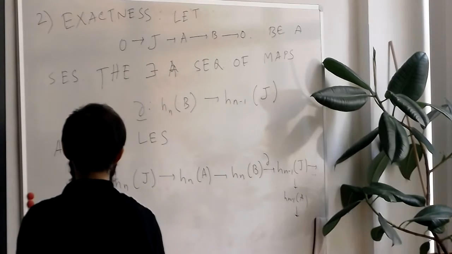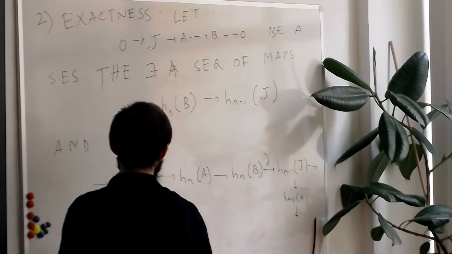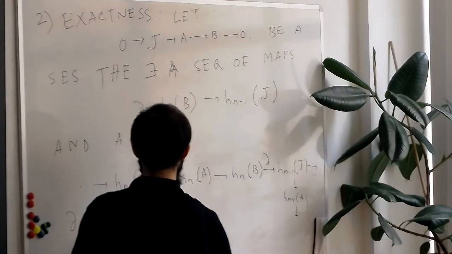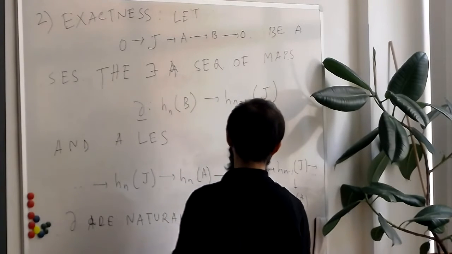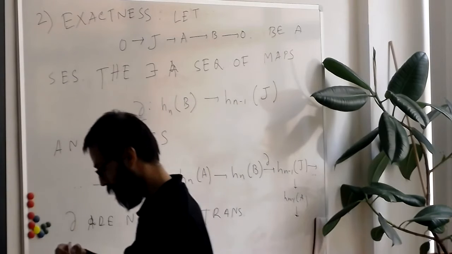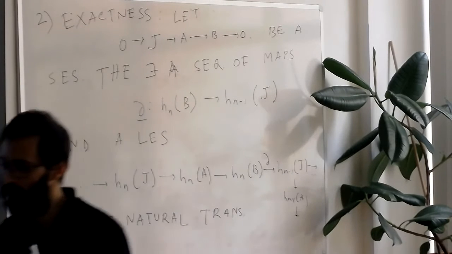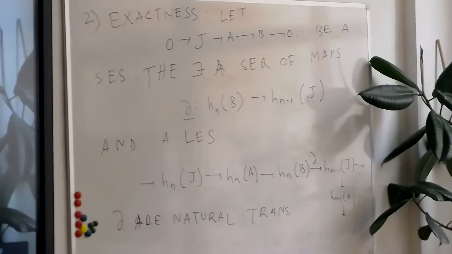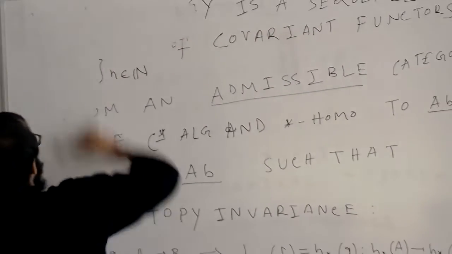So this delta is a natural transformation. That's it. So a homology theory comes equipped with a domain of C star algebras, which satisfies the homotopy invariance and the exactness axiom.